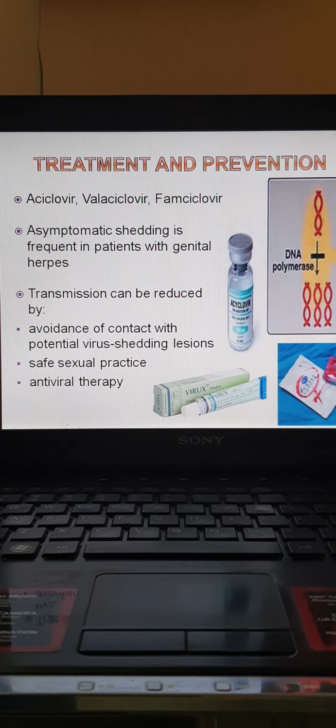Asymptomatic shedding is frequent in patients with genital herpes. Therefore, there is a need to block the transmission, which can be done by avoidance of contact with potential virus shedding lesions, adopting safe sexual practices, and by antiviral therapy.